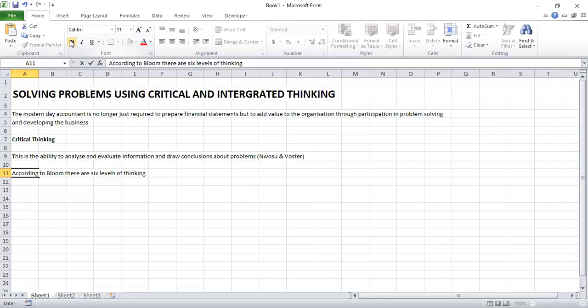He has a pyramid that he uses to explain how a person can think. And there was the old pyramid and the new pyramid. Right. It can be divided into six levels.